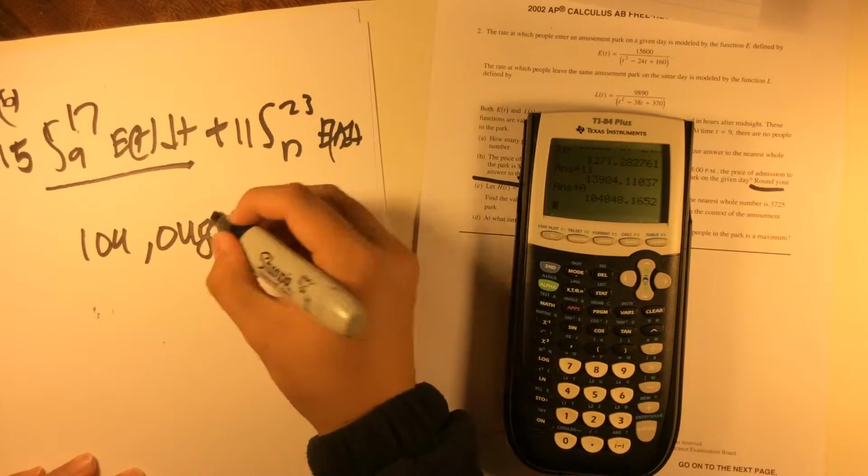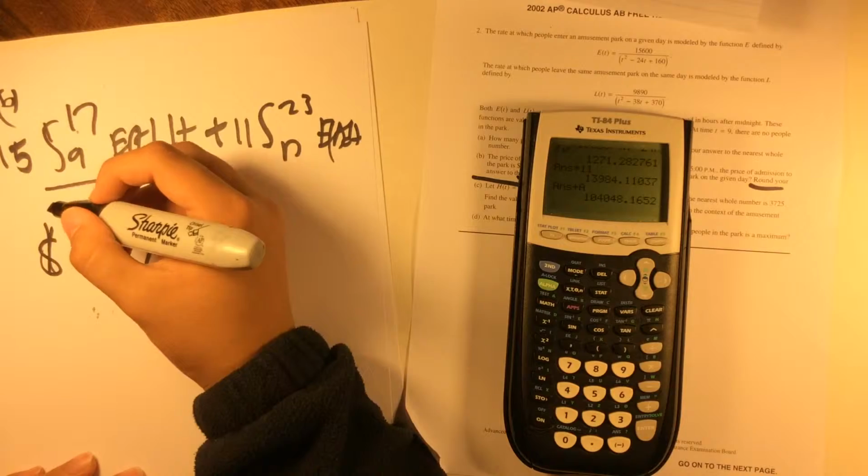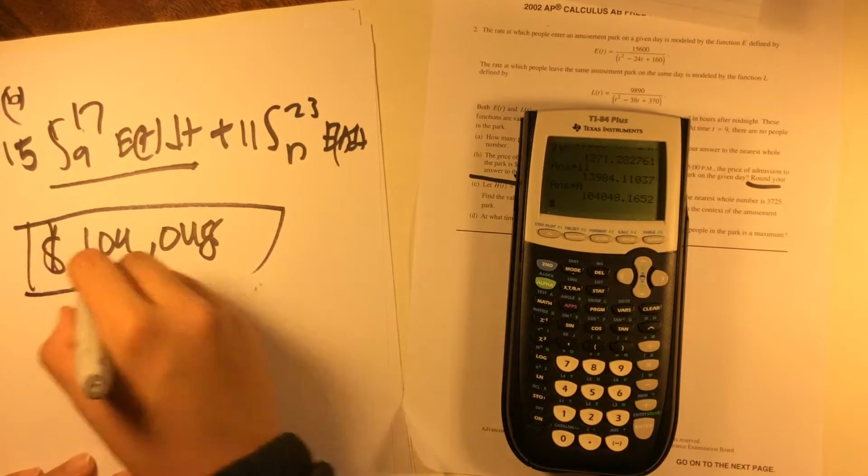You can round, because the question says round, and this is your revenue.